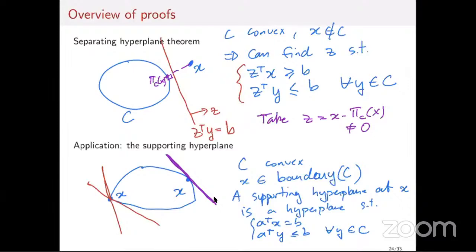You can prove the existence of a supporting hyperplane using the separating hyperplane theorem by separating X from the interior of C. The interior of C is an open convex set that does not contain X, and you apply the separating hyperplane theorem, and this will give you what you want.